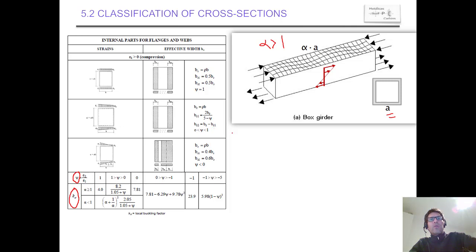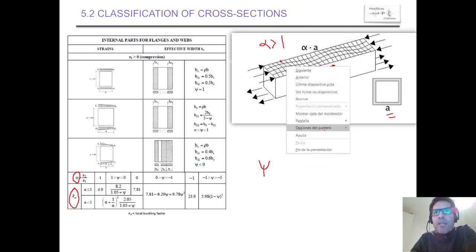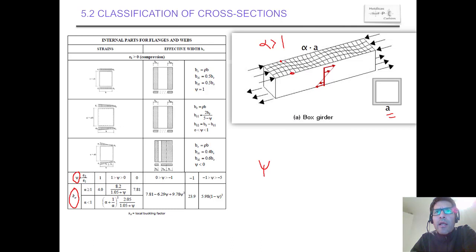With that information we can start presenting one thing. First one is psi. What is psi? Psi is the relationship between the deformation of a section at one border and the deformation of the plate at the other border. So if this element is compressed, the deformation of this element at one side and the other is identical.